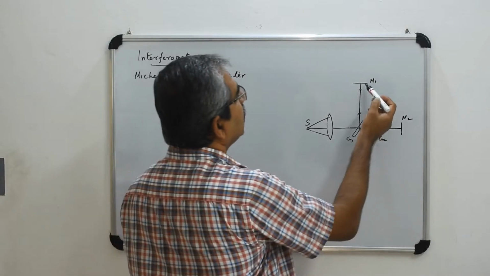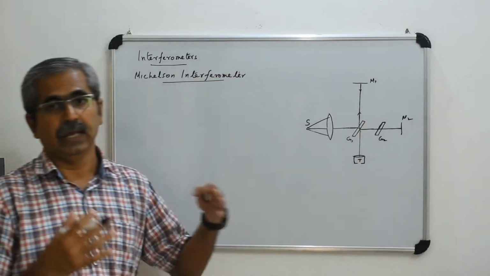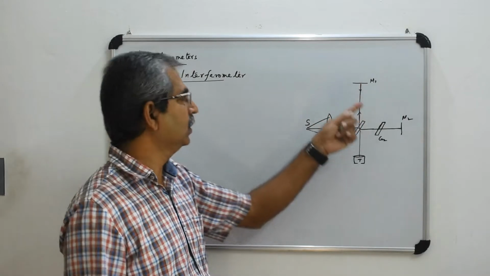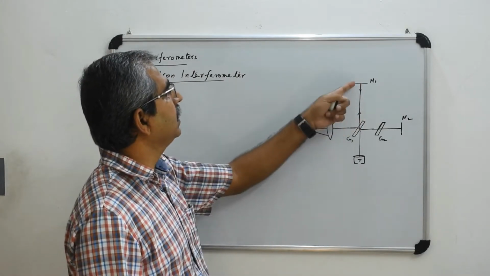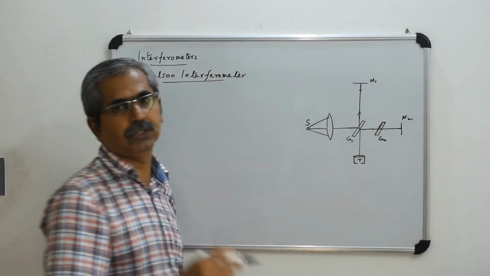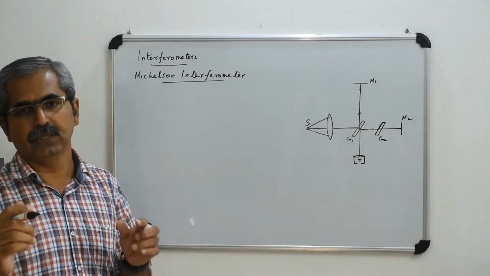Here M1 and M2 are exactly perpendicular to each other. That is one main point. Now M1 is fixed on a pitch screw. Pitch screw, you know, like the screw gauge you have used.